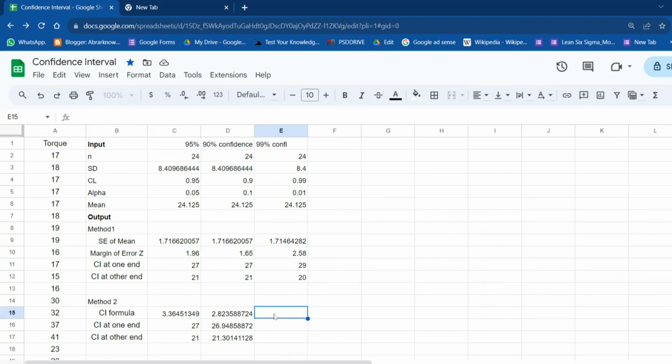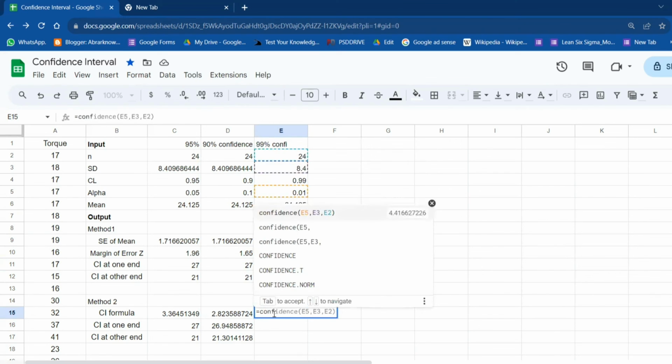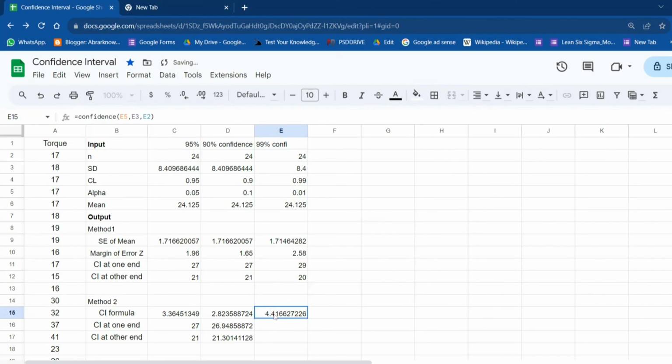Okay. Similarly, method 2 is quite straightforward. All you can do is the confidence. When you say confidence, it is picking up E5, that is your alpha, E3, that is your standard deviation, E2, that is your n. So I'm going to give OK.